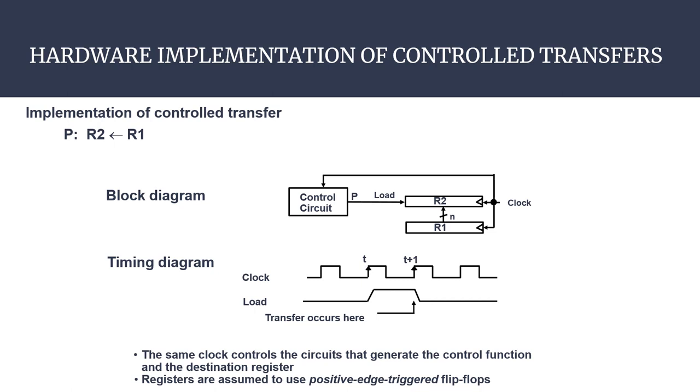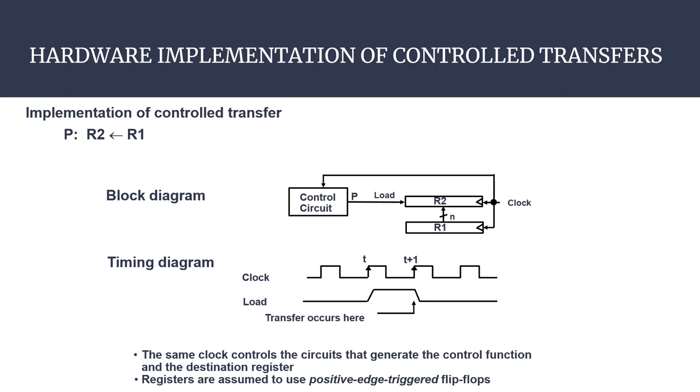So for this whole duration, for this one clock cycle, the transfer does not occur. As the clock pulse goes from low to high in the next clock cycle, then the transfer occurs from the R1 to R2.